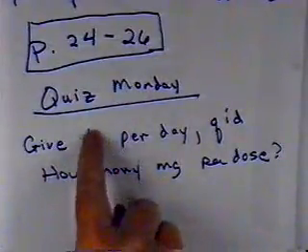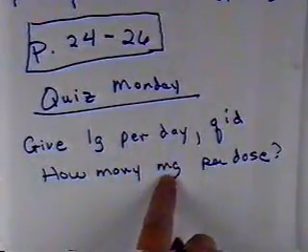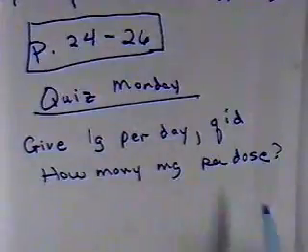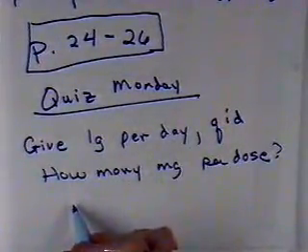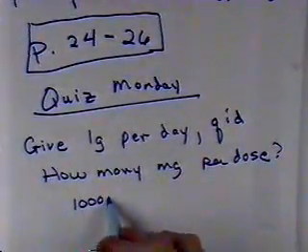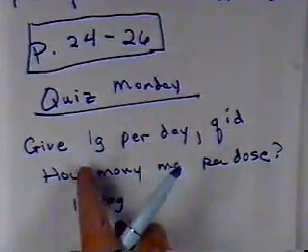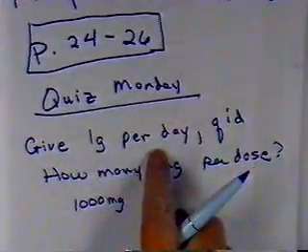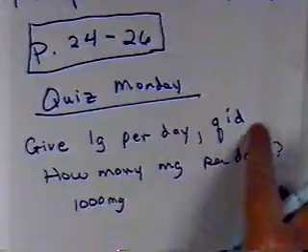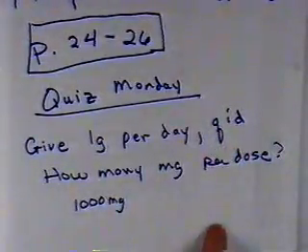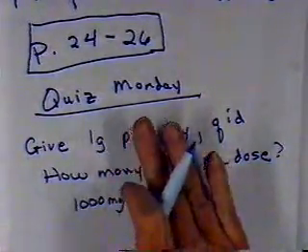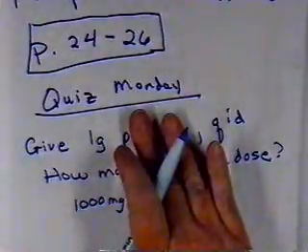First, I'm going to have to change to milligrams because I asked for milligrams. So 1 gram is how many milligrams? 1000. But this is the daily amount, so I have to divide. Most of the problems do not say daily. If it just said QID, you would not divide.